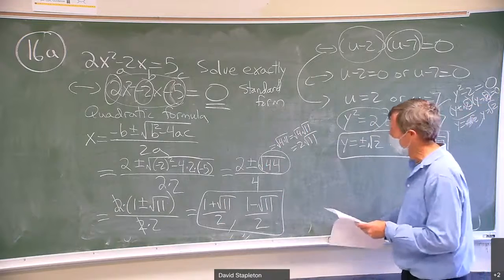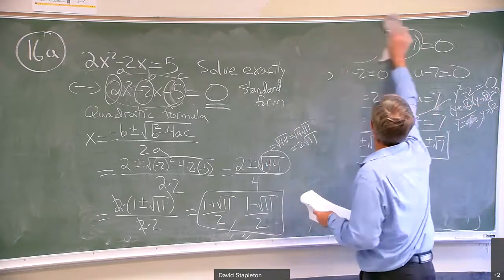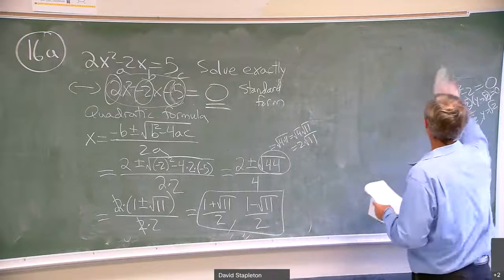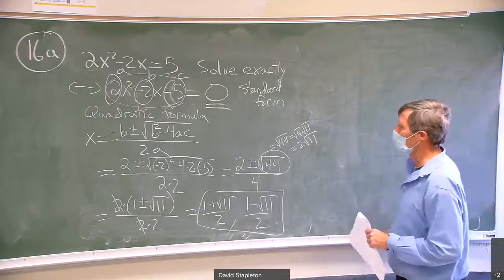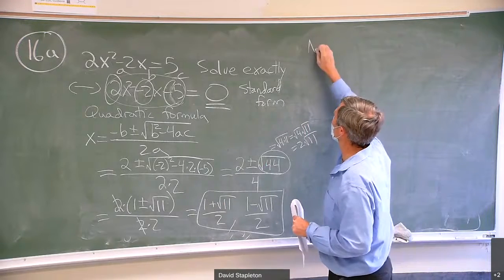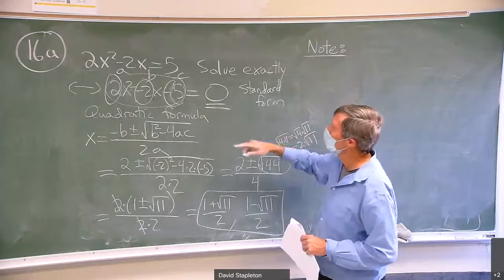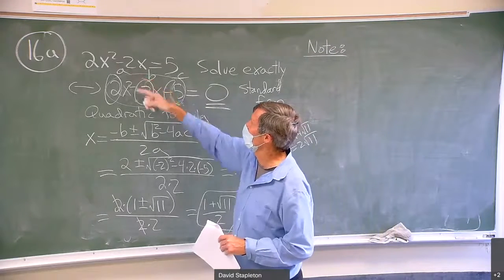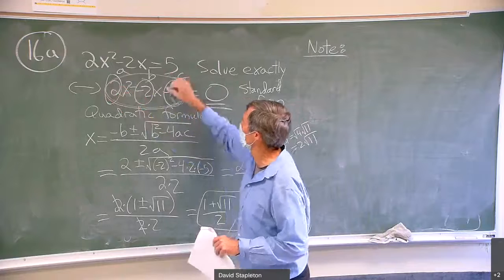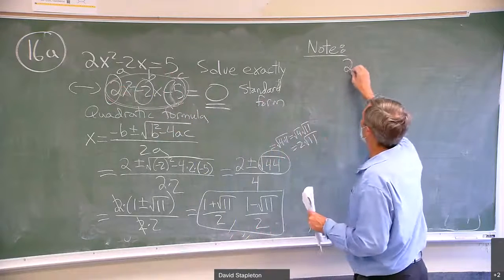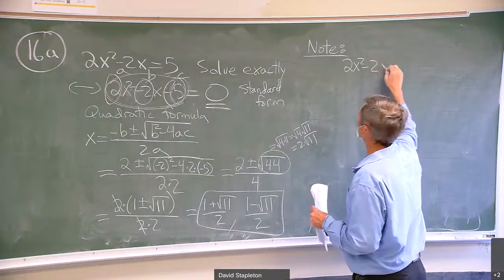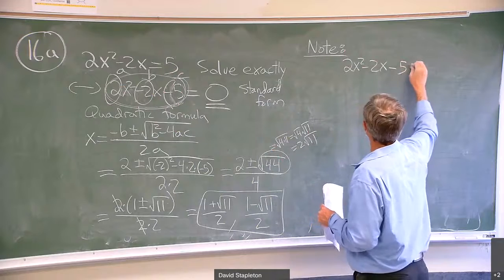Now, 16b is also useful. But what this tells you, again, I'm doing the advanced stuff today now that you're experts on this, I want you to understand what this original polynomial on the left here in standard form, 2x squared minus 2x minus 5, would look like if I factored it.